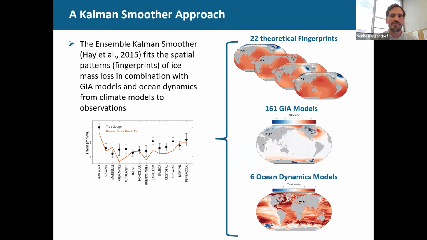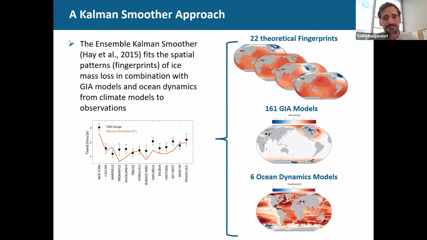I have shown these pictures at the beginning. If you remember, we have that gravitational response, and this is actually shown in these little maps in the upper right. So for instance, if Greenland ice melts, we will see a sea level fall near the Greenland ice sheet and a sea level increase in the far field in the tropics.